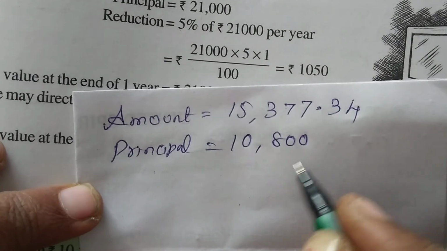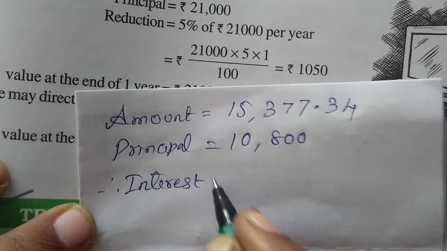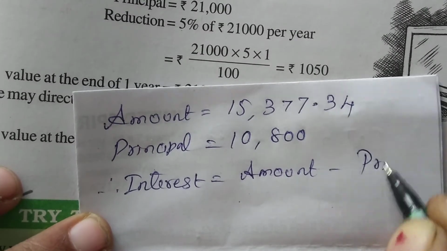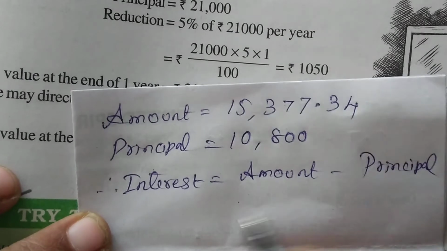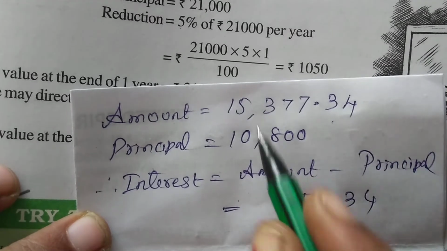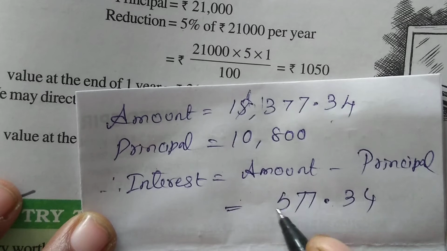Interest is amount minus principal. So when we subtract this, we get 4,577.34.